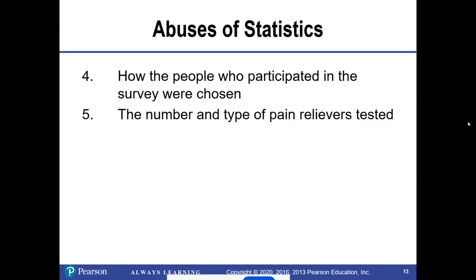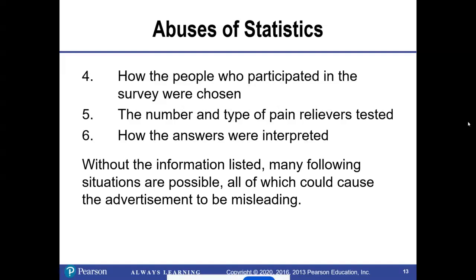Fifth, the number and type of pain relievers tested. And sixth, how the answers were interpreted. Without that information listed, many situations are possible, all of which could cause the advertisement to be misleading.